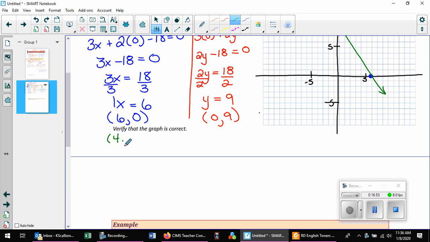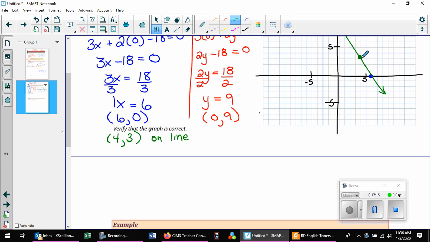Yeah, 4 and 3. So 4, 3. You're saying this point right here. Okay. So we're going to verify that that point occurs in the equation.